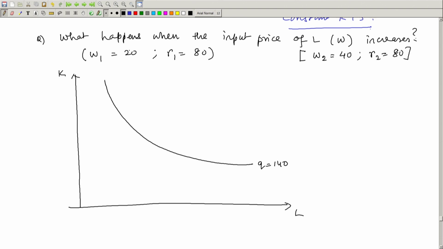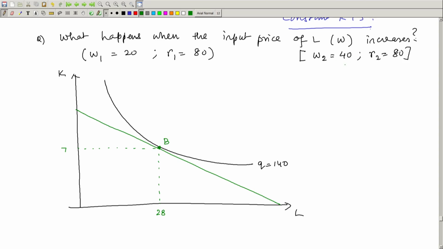Given these input prices, we had identified an isocost line which is tangential to the isoquant at the point B. We said that this corresponds to 28 units of labor and 7 units of capital.